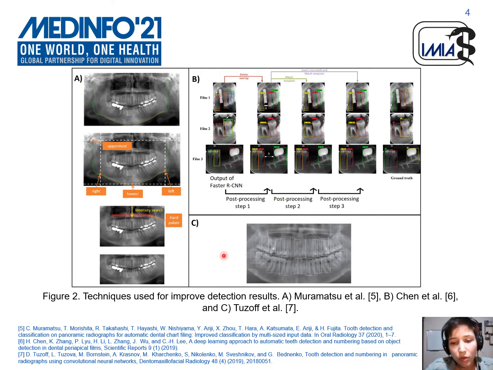And finally, Tuthoff and others perform the tuning of parameters related to anchors, the IOU of the non-maximum suppression algorithm, and the prediction score threshold in order to improve the results of teeth detection in panoramic images, also using faster RCNN.